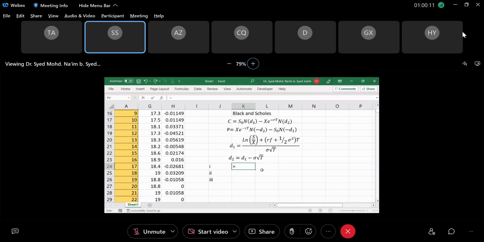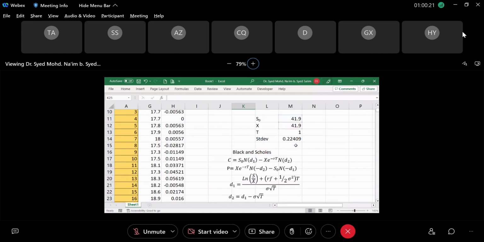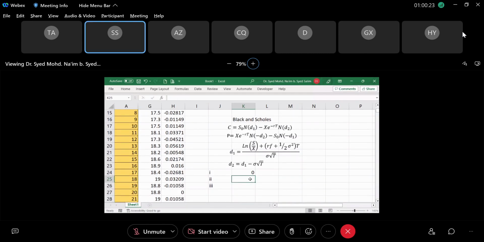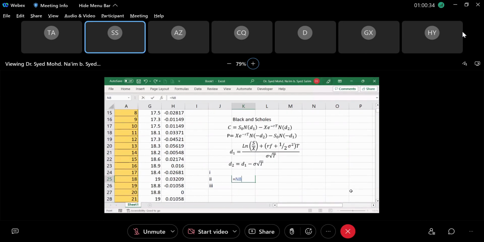The first part is the log of the price over x. Number 2 is this part, where the risk-free rate is 4%, plus half a variance, 0.5.